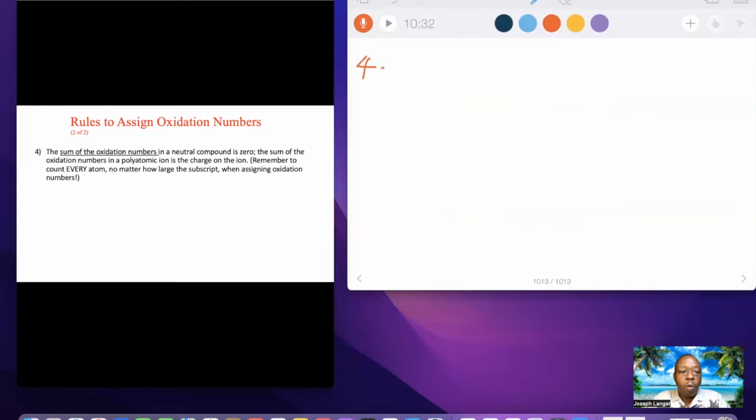the sum of oxidation numbers in a neutral compound is always 0. What do we mean by a neutral compound? Sodium chloride, this is a neutral compound. H2O, this is a neutral compound.